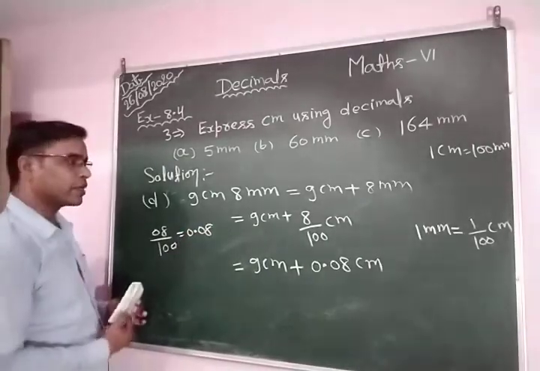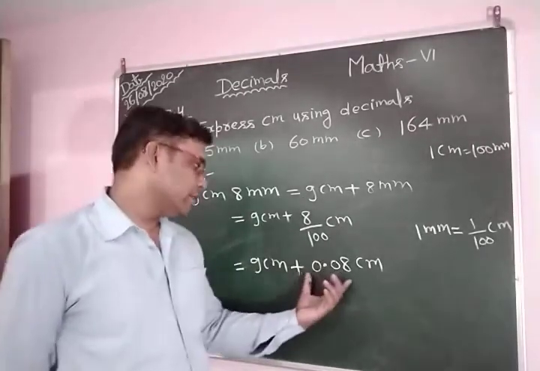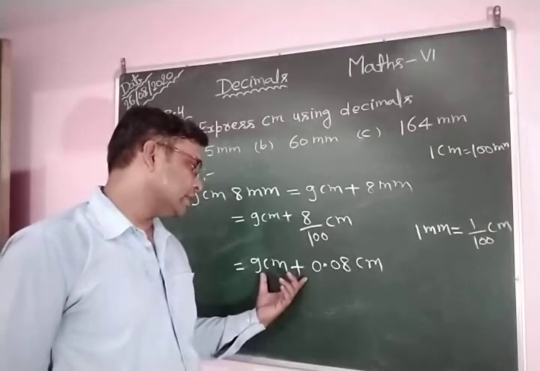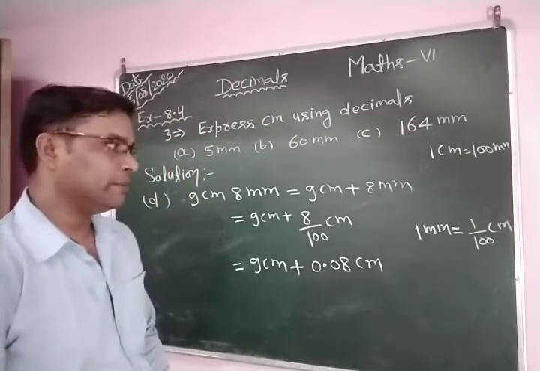So we obtain 0.08. Now after this we sum the 9 centimeter plus 0.08 centimeters.